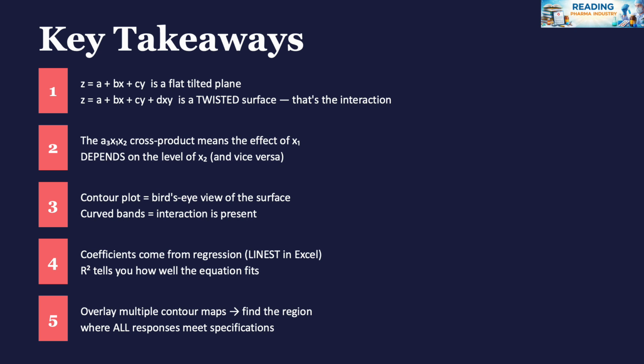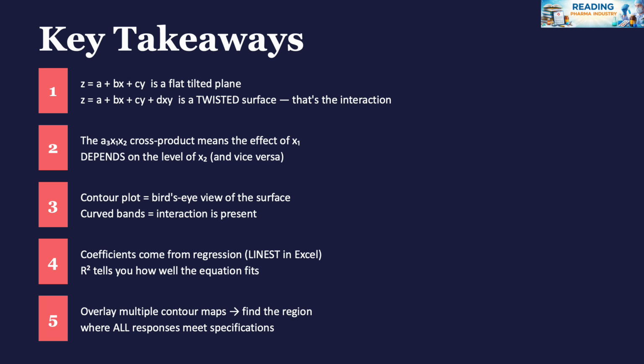Okay, so to make a summary, there are 5 things we need to remember. The first thing is when you add the term dxy to a flat plane, it twists into a surface. So this is basically the interaction. And the second thing, x1 and x2 are not independent. They basically modify each other. The third point, curved contour bands mean interaction is present.